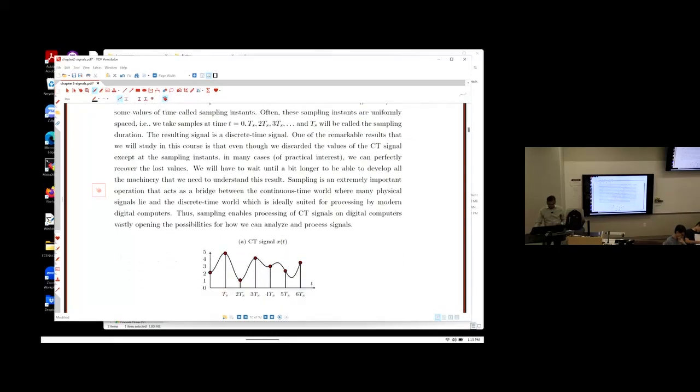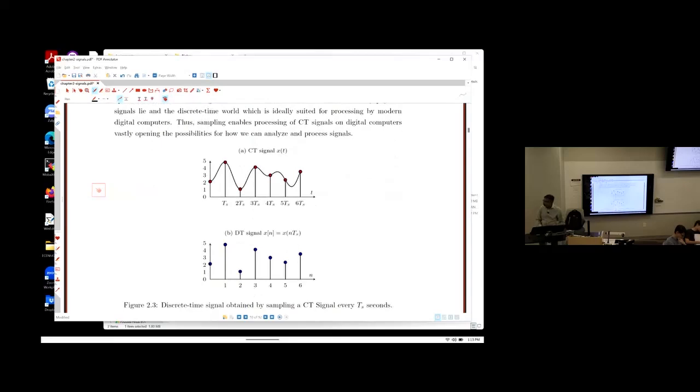Okay. Now let's look at this picture. We talked about continuous time signals. We talked about discrete time signals. Quite often, these discrete time signals are actually obtained from continuous time signals through a process called sampling. So what do I mean by that? Usually you have a continuous time signal, which you can see here is that black signal over there, right?